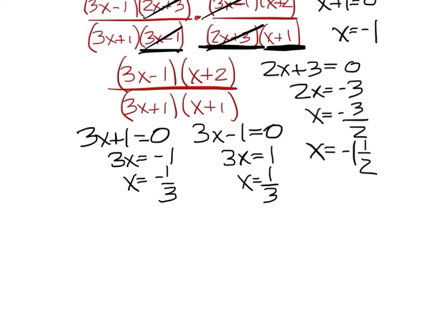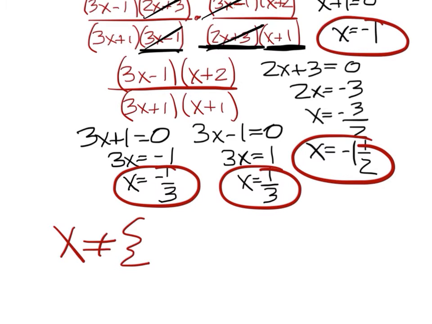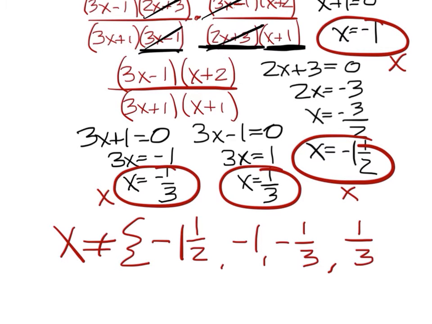So the values for which x cannot be equal to, this one, this one, this one, and this one. If you put them in order from least to greatest, it would be a negative 1.5 from there. And then you would have a negative 1, from here, negative 1/3 from there, and then you're left with positive 1/3.